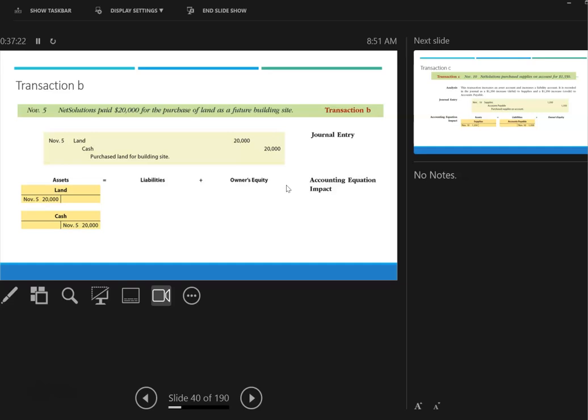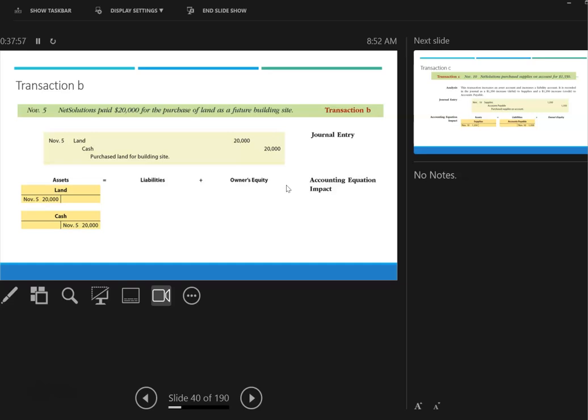Net Solutions paid $20,000 for the purchase of land as a future building site. Do you see here the journal entry will be land is an asset, and that increases. So we always show our debit transactions first. And since we used up cash, we credit cash because cash went down. Since cash has a normal debit balance, when we use it, we credit it.